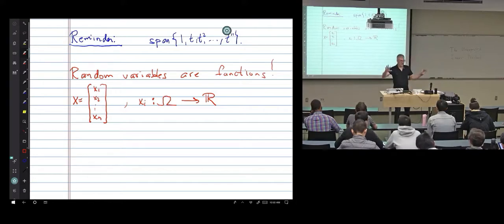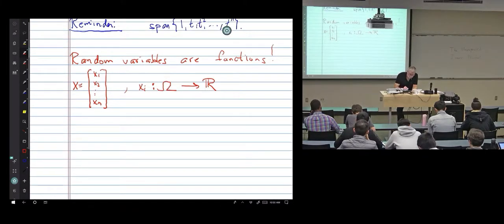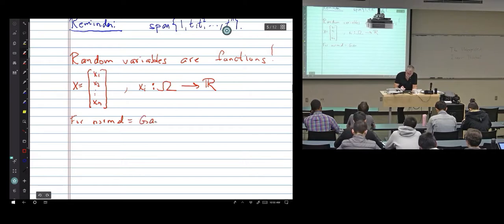So the probability space, I mean, when I roll a dice, it's all of the subsets of the numbers 1, 2, 3, 4, 5, 6. It's a set of my outcomes, and I have probabilities on that. For us, when we're doing normal random variables, omega is the reals, okay? So normal equals Gaussian, just so you don't think normal means usual, okay?